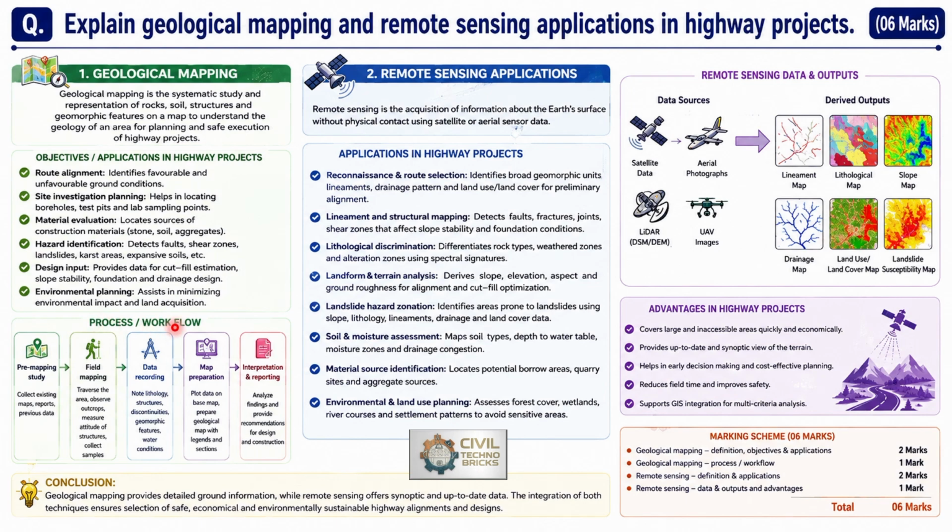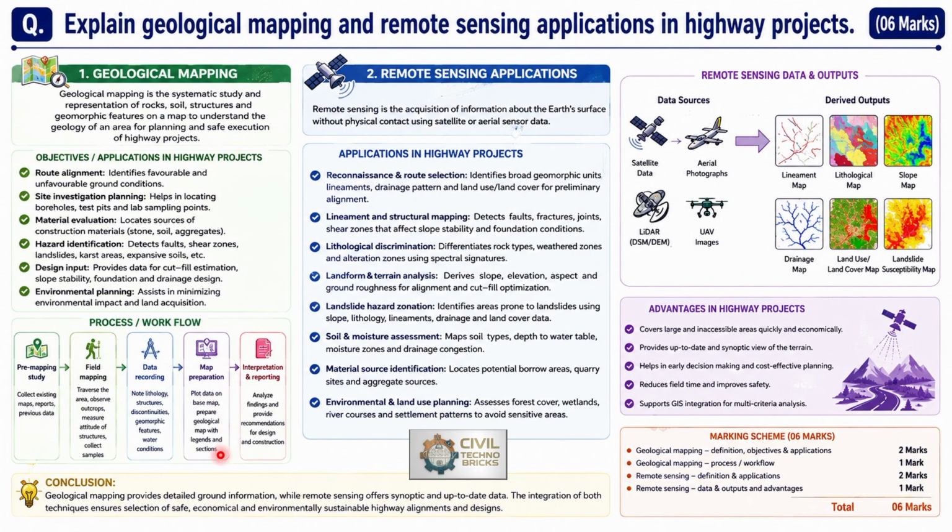Then the most important workflow for geological mapping is the process which will be followed based on pre-mapping study, where we collect existing maps, reports, previous data of that site. Then field mapping, where we traverse the area, mark the area, observe the outcrops with reference to subsurface geological explorations, attitude of structures, and collect samples for laboratory testing. Then data recording based on the lithological characteristics, structures, discontinuities, geomorphic features, water conditions, and many more.